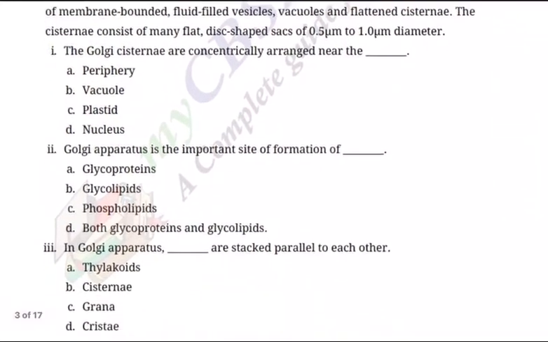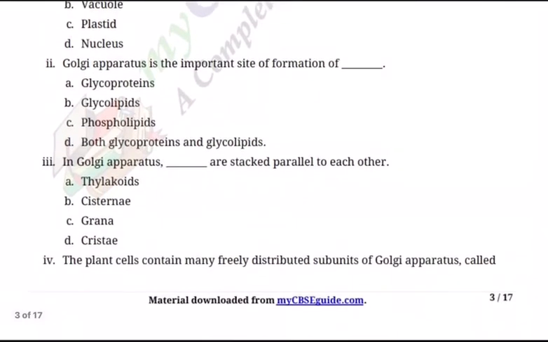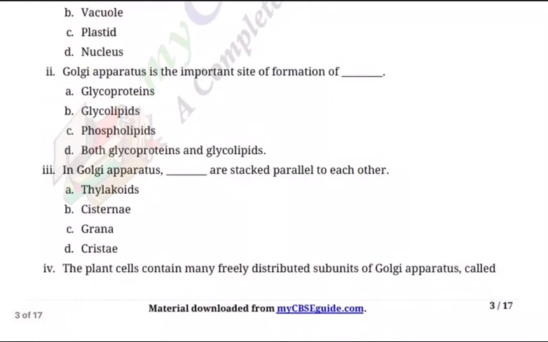Question 1. The Golgi cisternae are concentrically arranged near the dash. A. Periphery, B. Vacuole, C. Plastid, D. Nucleus. 2. Golgi apparatus is the most important site of formation of: A. Glycoproteins, B. Glycolipids, C. Phospholipids, D. Both glycoproteins as well as glycolipids.